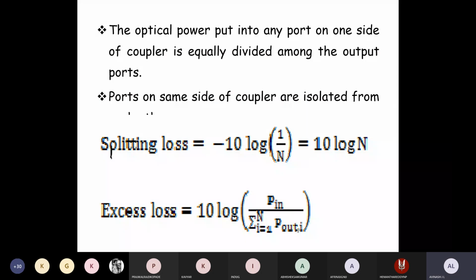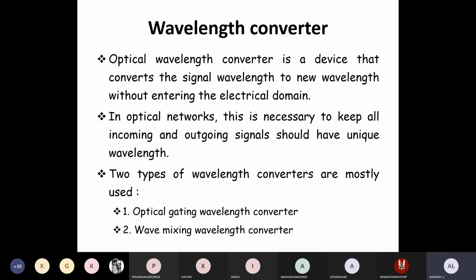After that, for the star coupler, we have seen splitting loss and excess loss. Then we came across the wavelength converter. What is its specialty? I told you that the wavelength of the optical signal will get converted without entering the electrical domain.